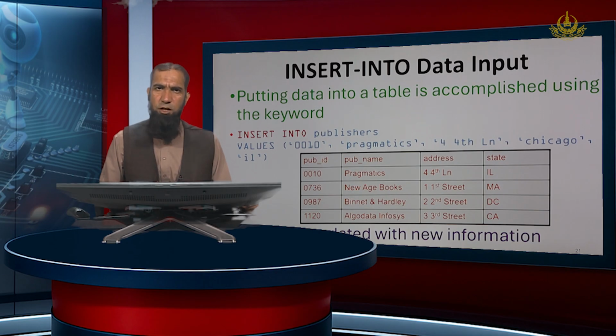Each value corresponds to the publisher's ID, name, address, city and state. It's important that the order and number of values match the table structure. If the table has 5 columns, you must supply exactly 5 values, unless default values or nulls are allowed.